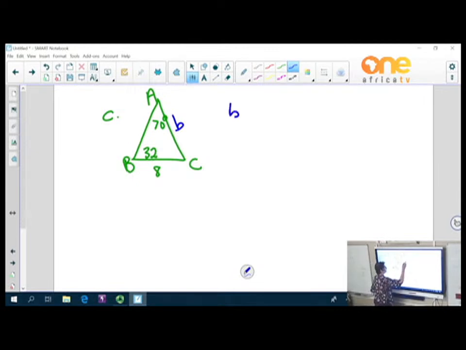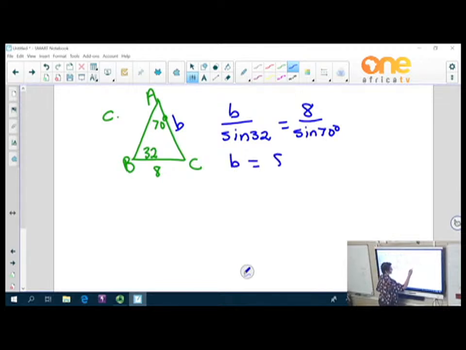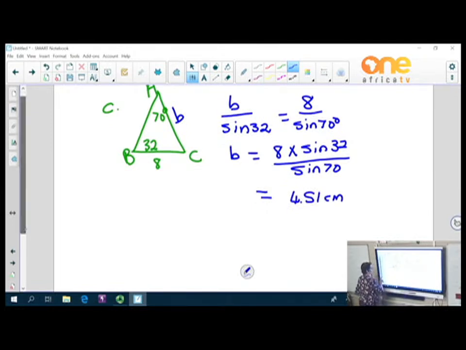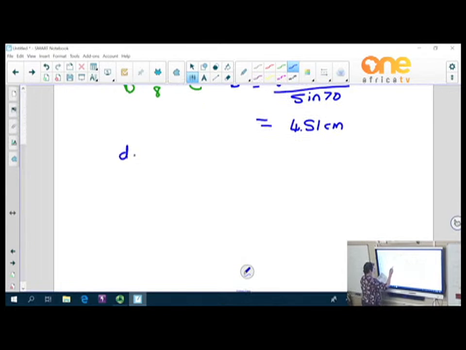So that will then be b over sine B, sine 32 degrees, is equal to 8 over sine 70 degrees. So I will multiply 8 times sine 32, divide by sine 70, and the answer is, I got 4.51 centimeters. The next one is number D.